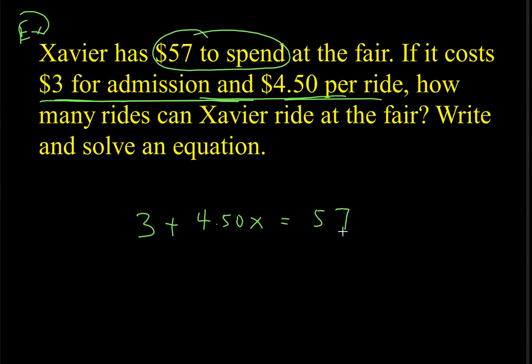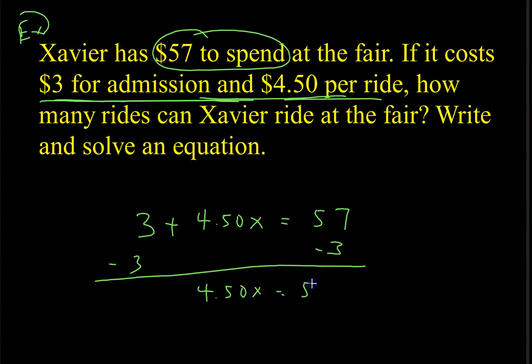So to begin solving this, I would subtract 3 from both sides. And then 4.50x equals 54. And then you divide by 4.50. After I divide both sides by 4.50, the 4.50s cancel.